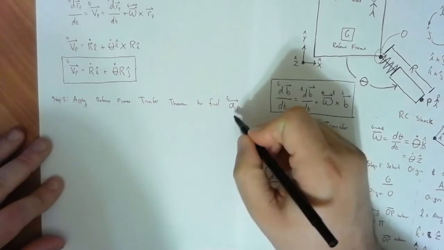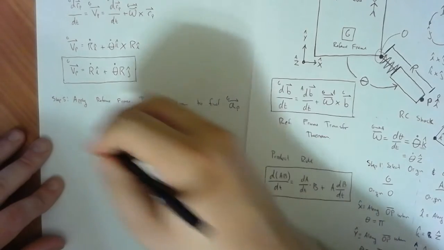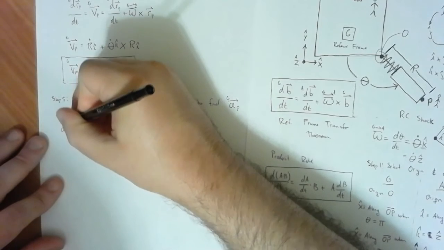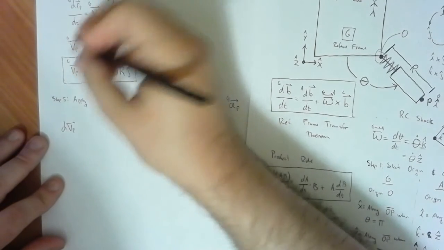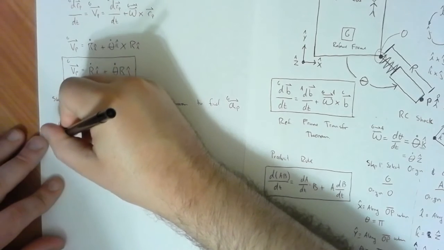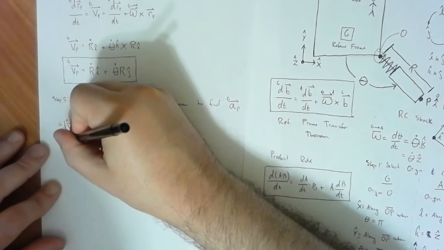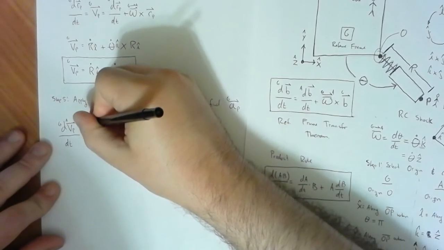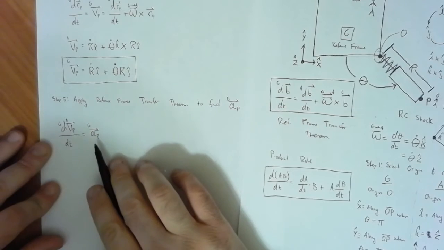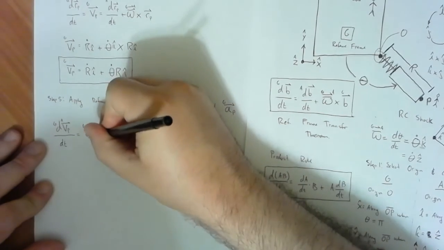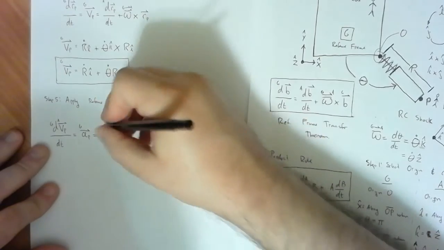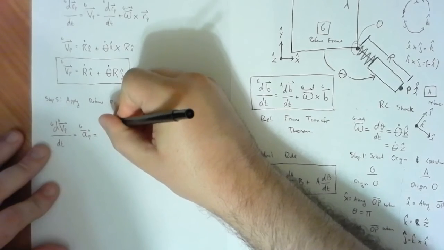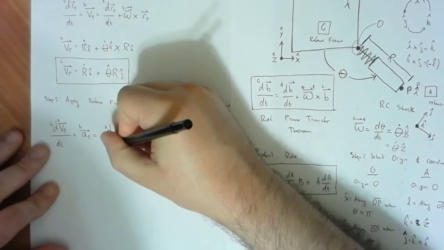So to find the acceleration of P in the G reference frame, I'm going to take the derivative of VP from the A reference frame in the G reference frame with respect to t, and that's going to be the acceleration of point P in the G reference frame that I'm looking for. To get to that, I first need to do this term. I need to take the derivative in the A reference frame of something with respect to t.